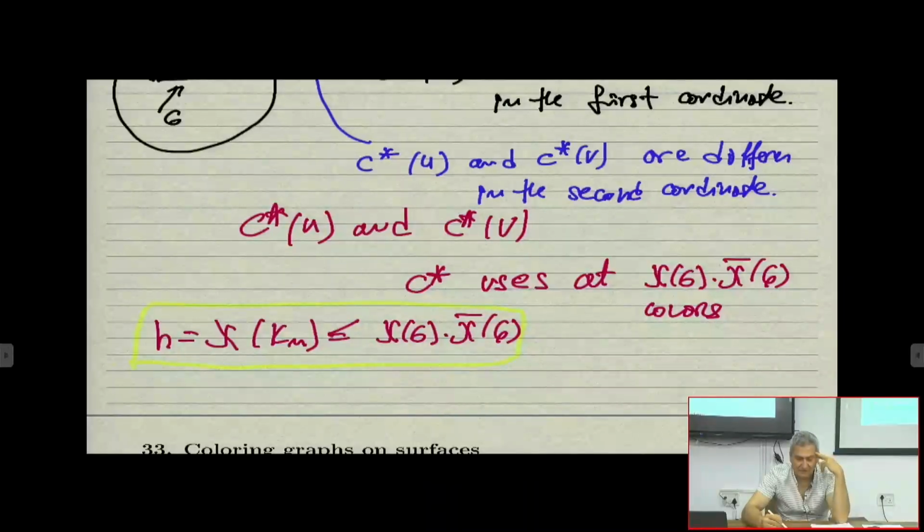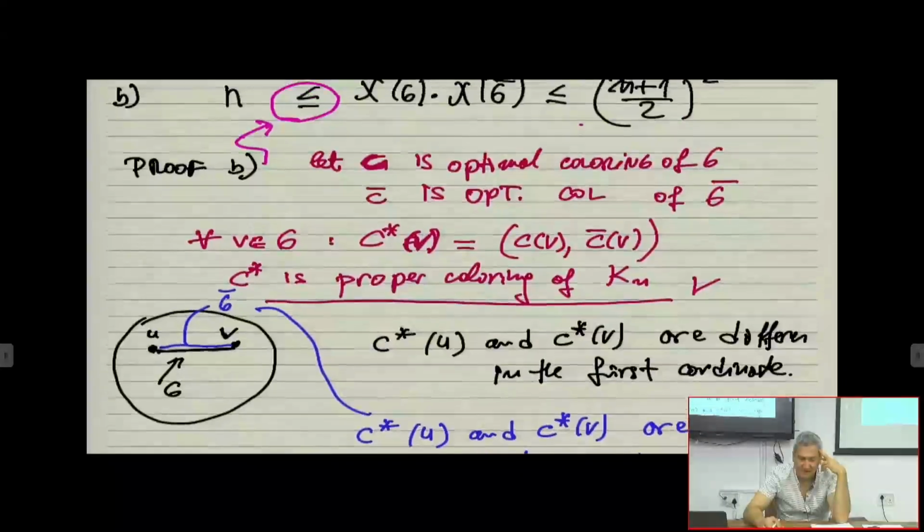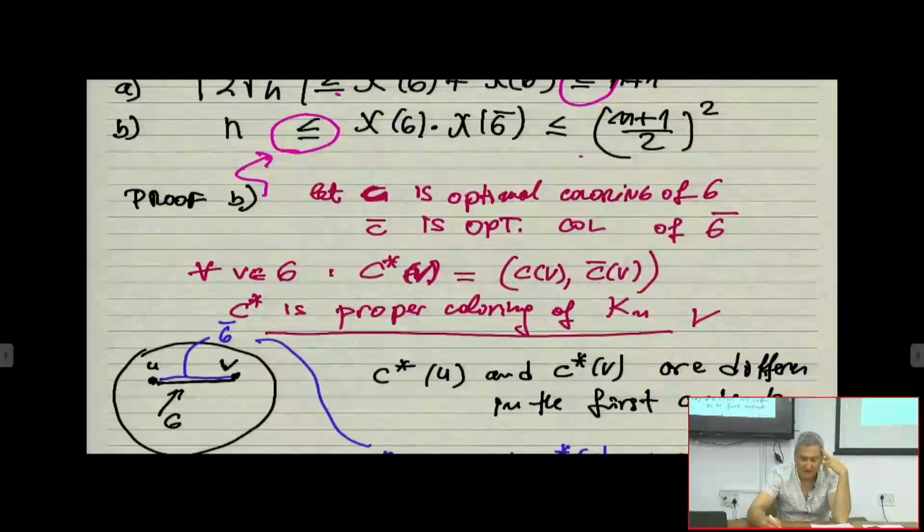So we have from here that n is at most the product, and this is this claim, what we wanted to show.